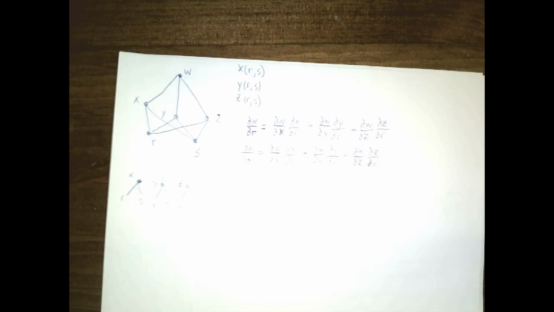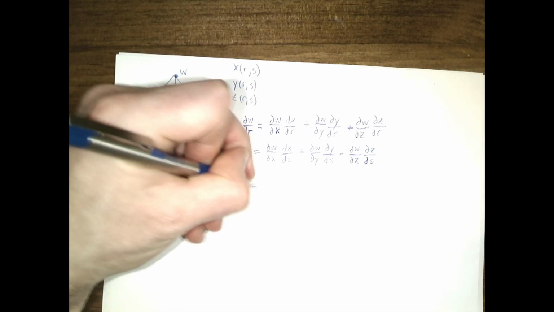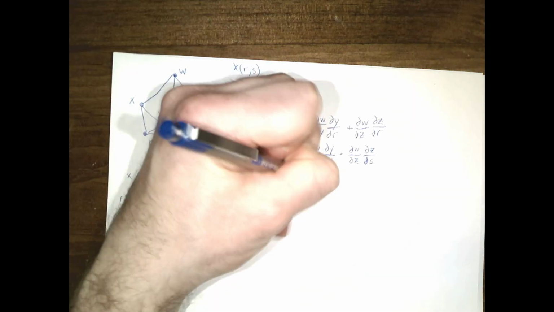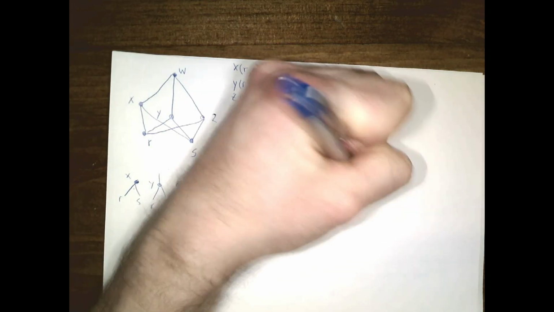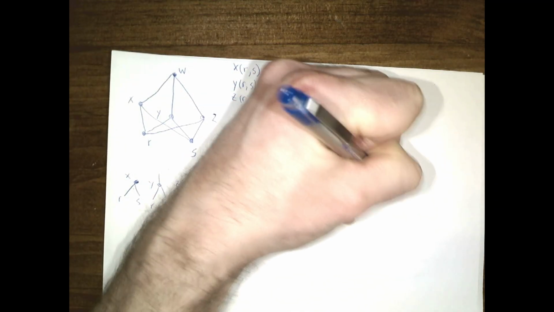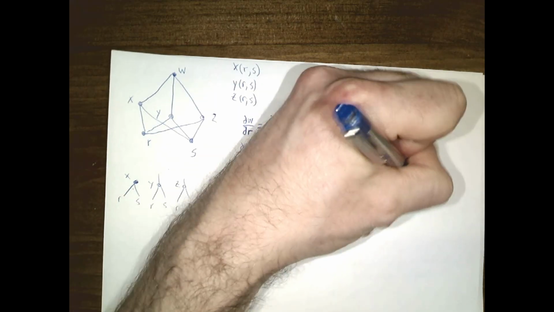We can do a quick example to show how this works. We have w equals x plus 2y plus z squared. And we're going to define x as the ratio of r and s. We're going to define y as r squared plus the natural log of s. And then z is going to be 2 times r.